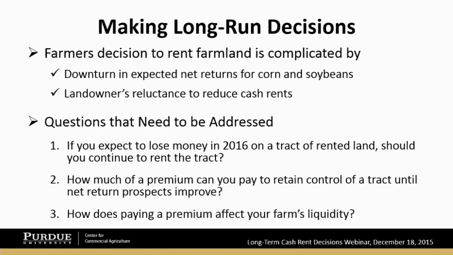Net returns are down substantially in 15 and 16, and probably going to stay fairly low in 17. That doesn't mean that cash rent's going to adjust as fast as net returns for crops, and so that's the dilemma. The net returns are variable compared to cash rents, and we have to keep that in mind. This is not just a current situation. This is a situation that happens in agriculture. It's just the nature of the beast, and that's related to the questions we're talking about here.